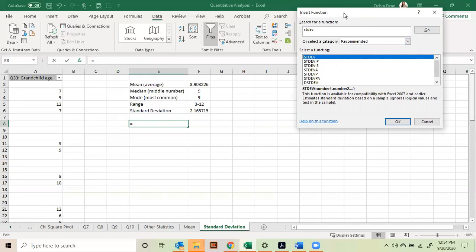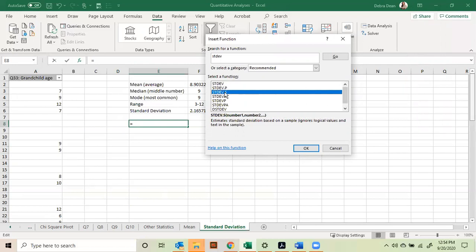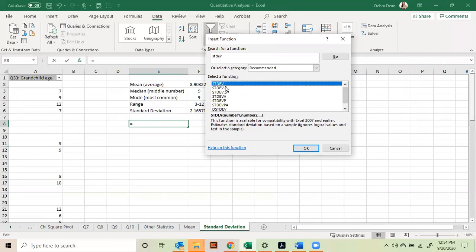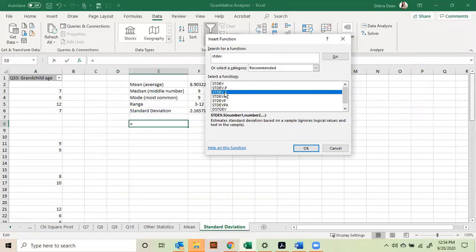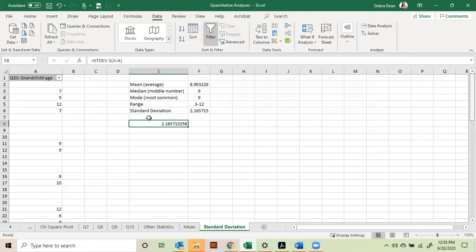Once you put in ST-DEV, you see you have a lot of options. The ST-DEV and the ST-DEV.S is basically the same thing. So those are the most common. In this case, I'm using ST-DEV.S, and I'll hit OK. Same principle, just click on the column, and there you have your standard deviation.